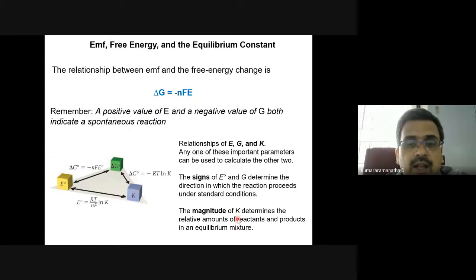The term K means the equilibrium constant, for example how much of the reactants are being converted into products. All those points we already covered.